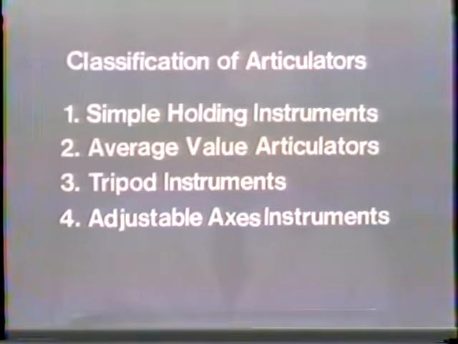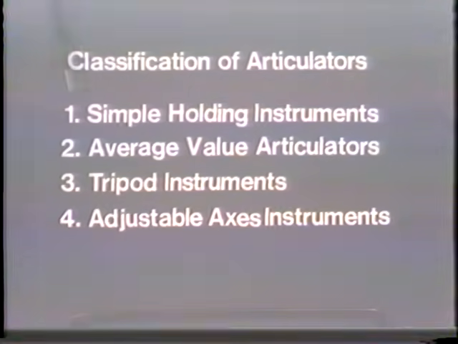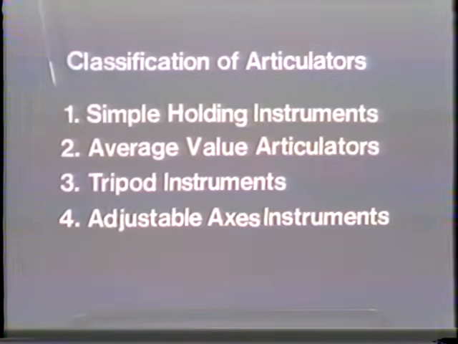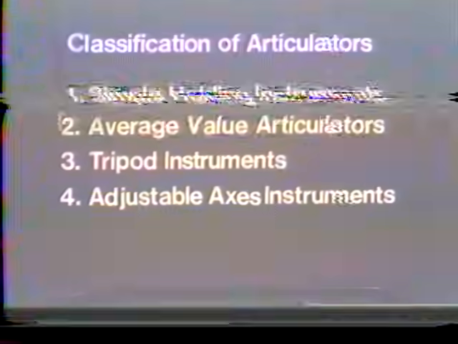Now, a simple classification of instruments is as follows. First of all, we may have a simple holding instrument. This may be an instrument working on a hinge or vertically only. An average value instrument, where average values are built into the design of an instrument.